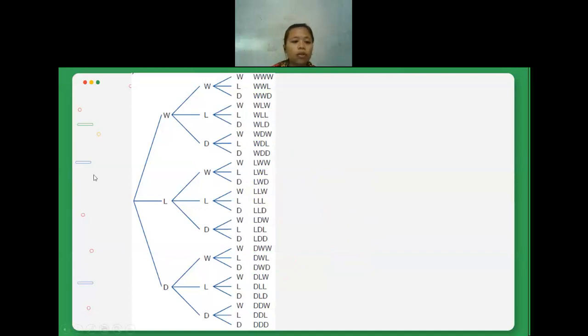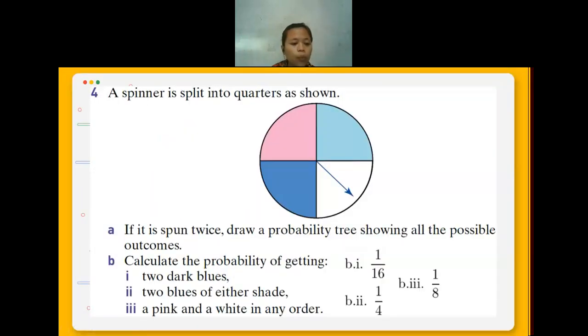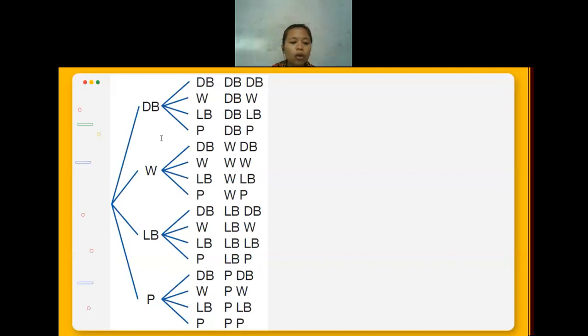So for question 4 in here, we will have a spinner. There will be the colors white, dark blue, purple, and also light blue. Now we have to find the probability of getting, and the spinner will be spun twice. So later we will have a tree diagram. It will open branches only twice.